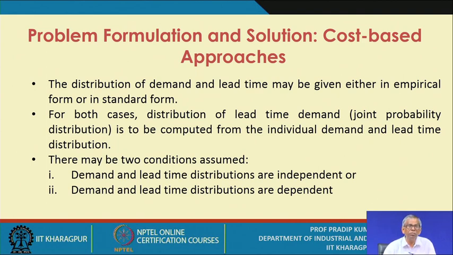That means the demand during lead time becomes a random variable, for which a joint probability distribution is to be known, and you must also know how to determine this joint probability distribution for the random variable called the demand during lead time.